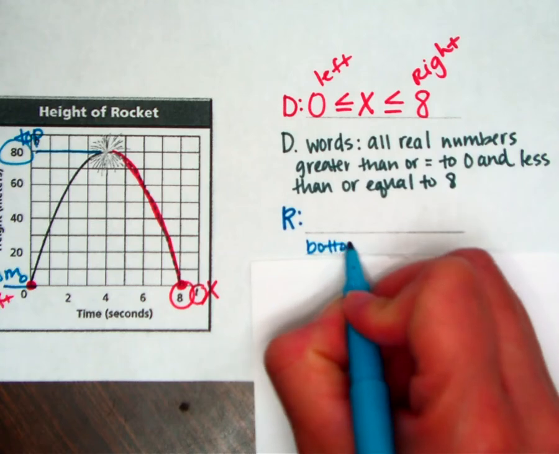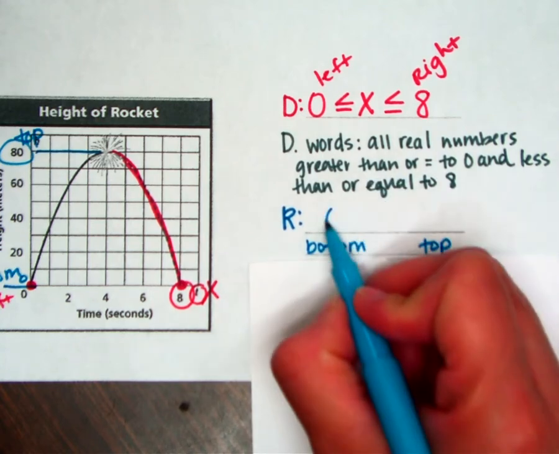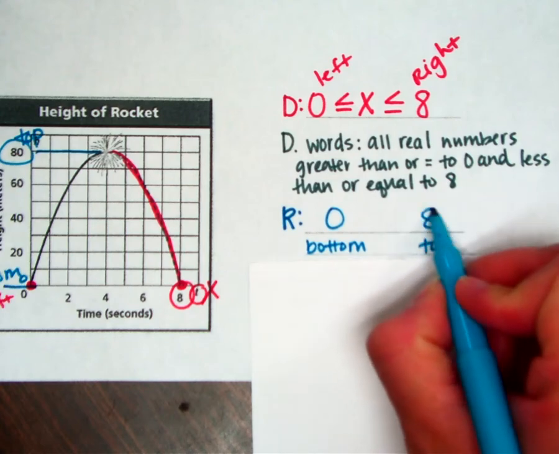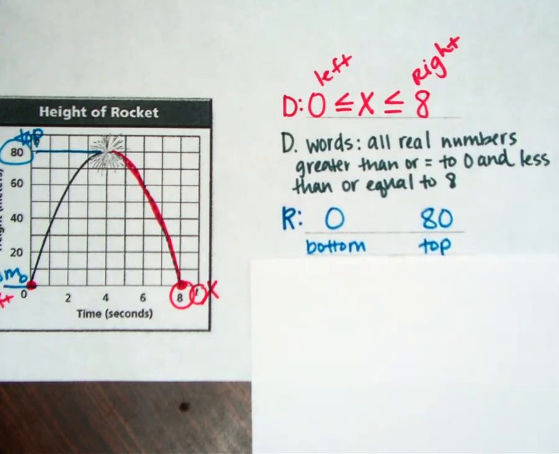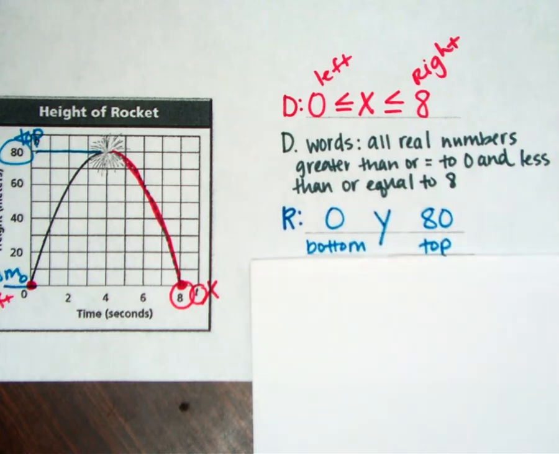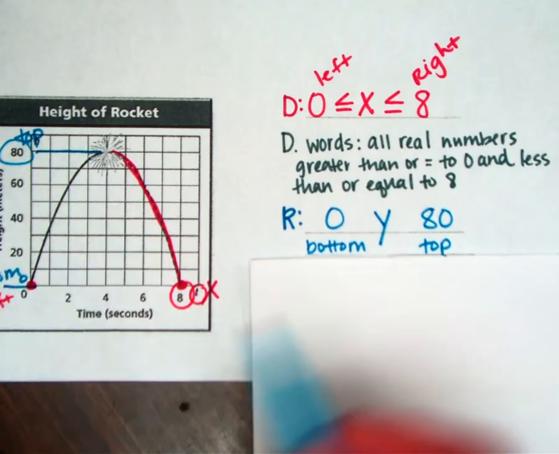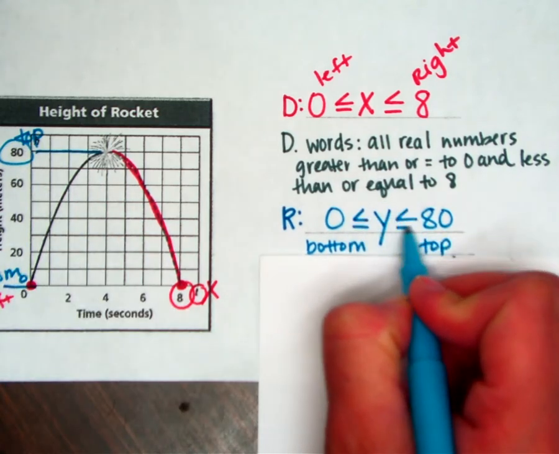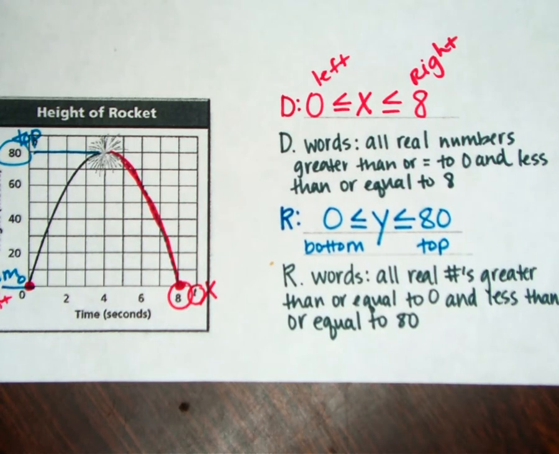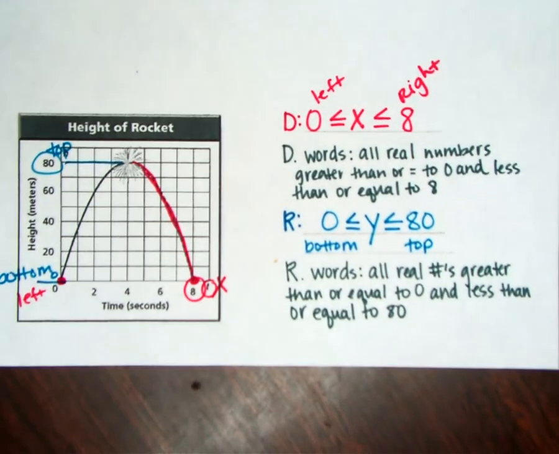When you're looking from the bottom to the top, at the bottom we begin at 0. At the top we get to a max height of 80. You're talking about the range, so those are the y values. Both of these are at closed circles because they're included on our graph, so it's less than or equal to for both. So all real numbers greater than or equal to 0 and less than or equal to 80.